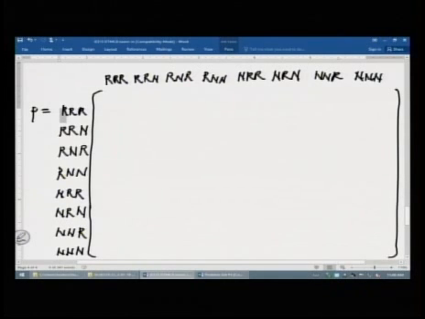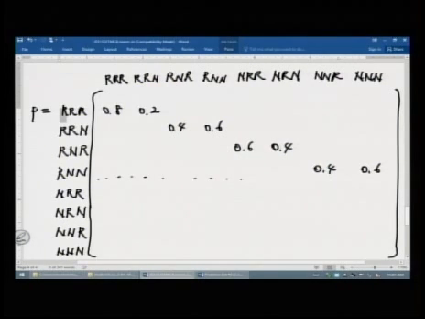And we have here 0.8, 0.2, and then down here we have 0.4, 0.6, and then down here we have 0.6, 0.4, and we have 0.4, 0.6. Okay. So far we have like this. Okay.